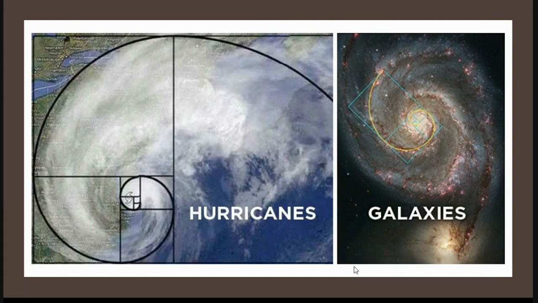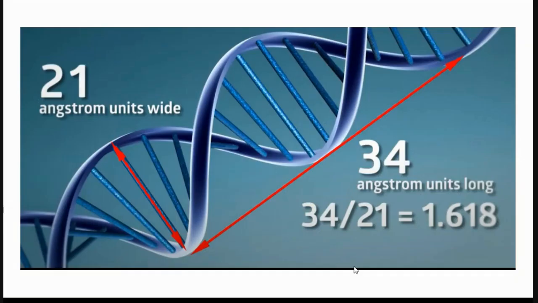Here's the one that really got me. Let's look at your DNA. If you take right here at the bottom the height of your DNA, and for the width, let's take one full cycle, one full loop. This is at the bottom. It goes up, it comes back down. So we'll consider that one full cycle of your DNA strand.